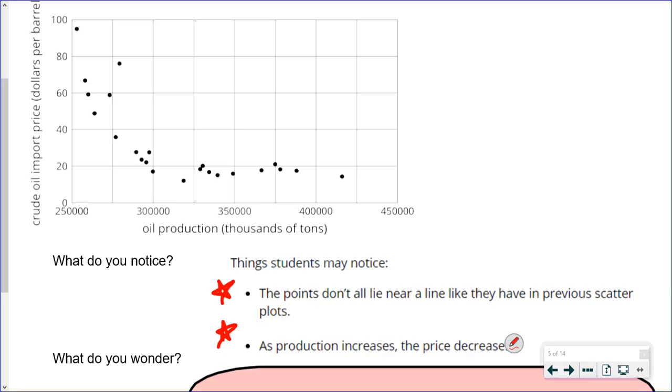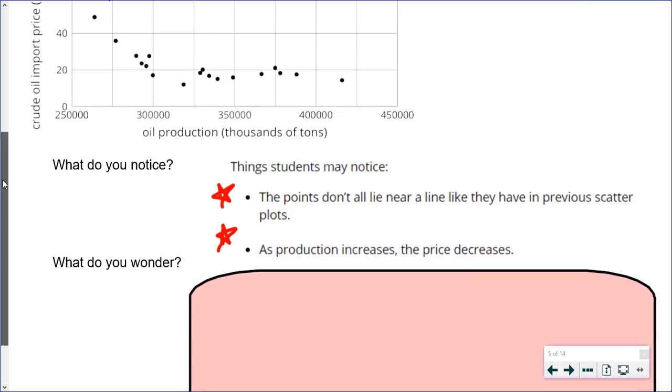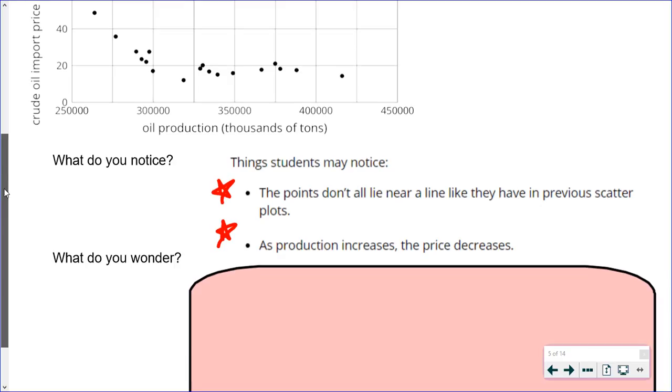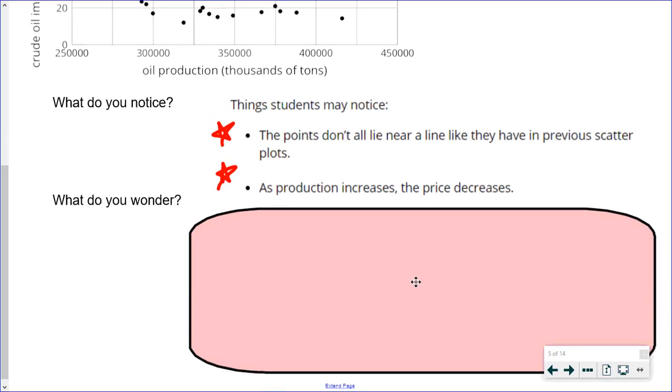Go ahead and pause the video so you can do that at this time. If you notice something additional other than I have noticed, that's great. But these two really are some of the main takeaways for what's going on here in the graph as far as the notices. Let's take a look at some of your wonders or possible wonders.